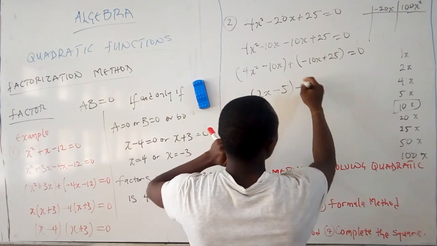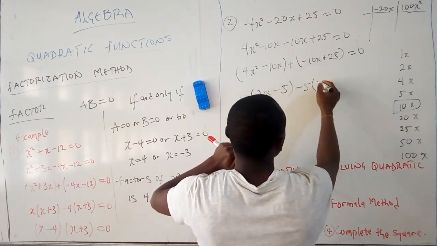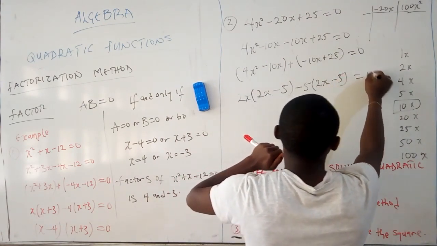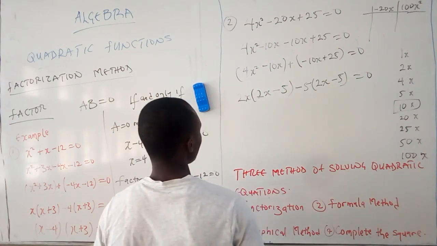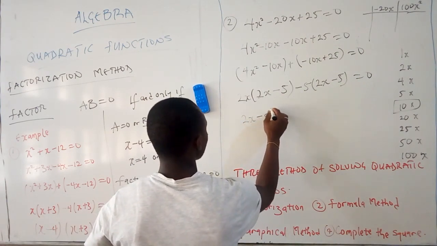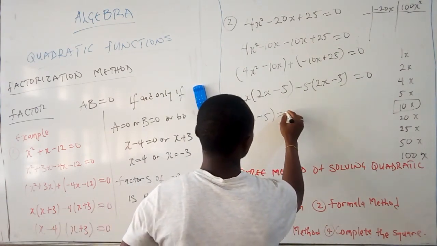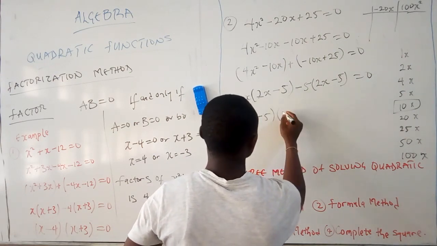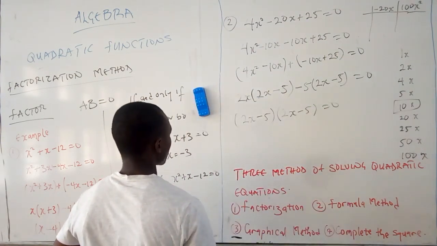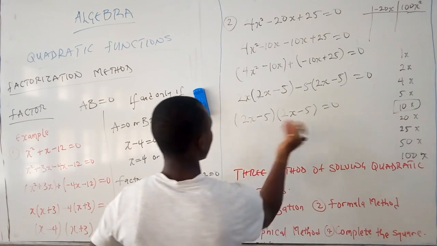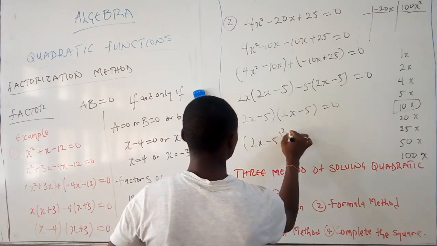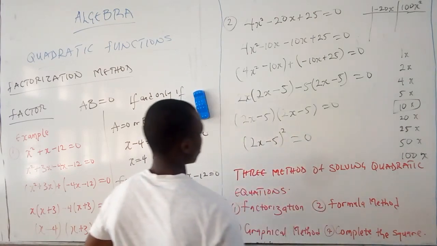So minus 5, then we have 2x minus 5 to be equal to 0. So we have 2x minus 5 times 2x minus 5 is equal to 0. Since they are all the same, we can say 2x minus 5 all squared is equal to 0.